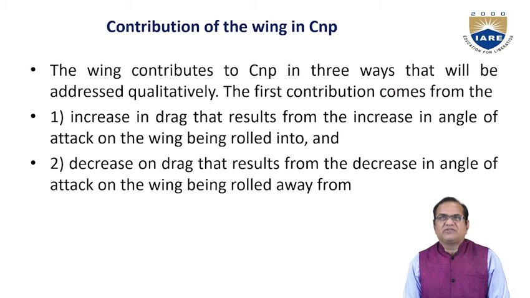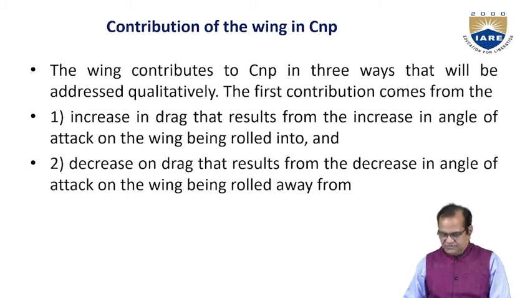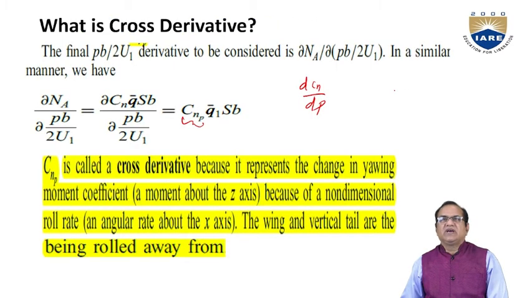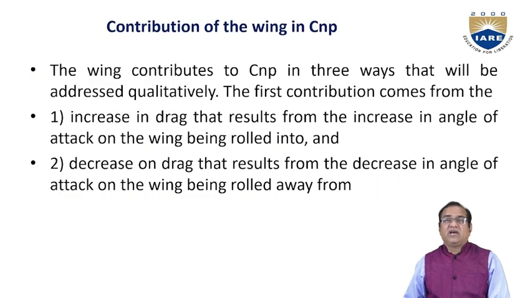Now I am going to talk about the contribution of the wing in Cnp. Cnp is a cross derivative, so how are the wings affecting the cross derivative Cnp? The wing contributes to Cnp in three ways that will be addressed qualitatively.